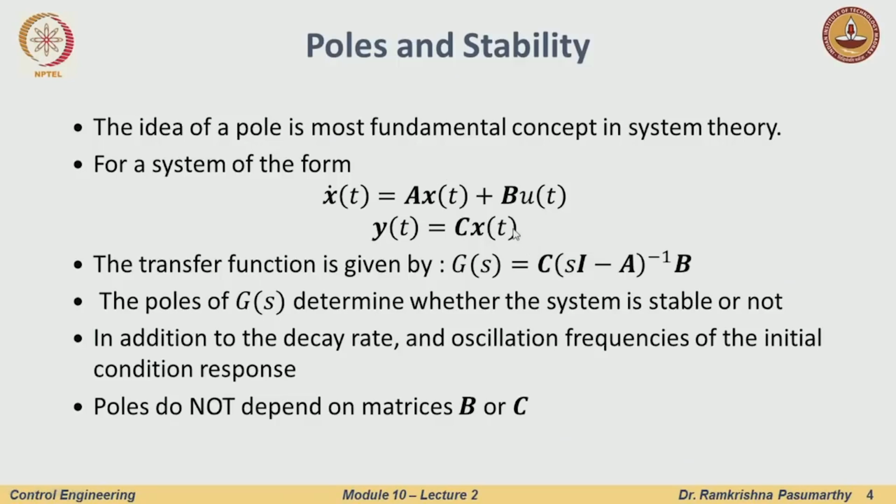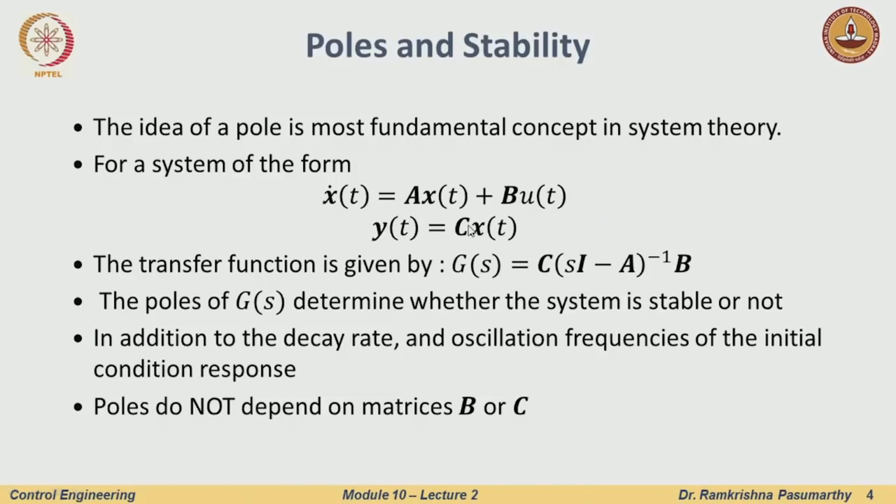This will come up in detail in module 12, but for the moment assume we have our system in a differential equation form where x dot are my states, A is the system matrix, B is the input matrix, y is an output vector, and C is the output matrix.